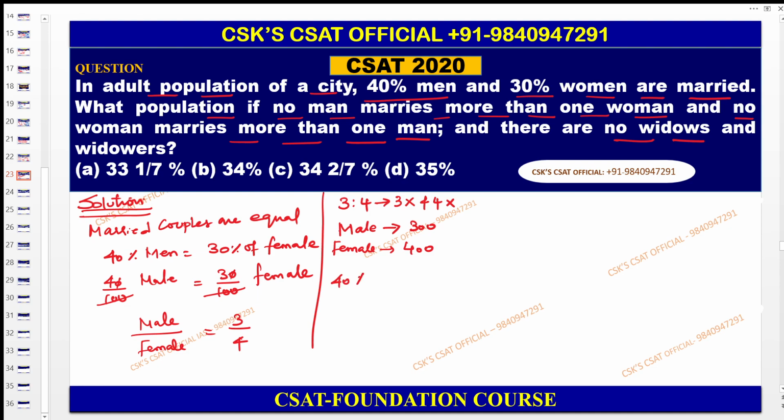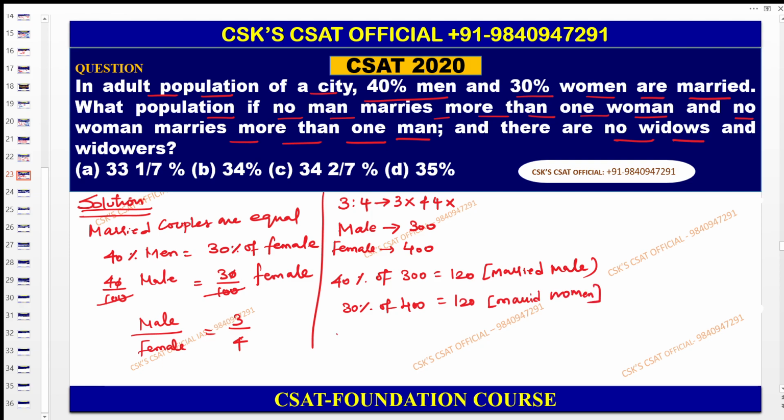So 40% of 300 is equal to 120, right? This is nothing but the married male. Then 30% of 400 is also 120. This is going to be the married woman.